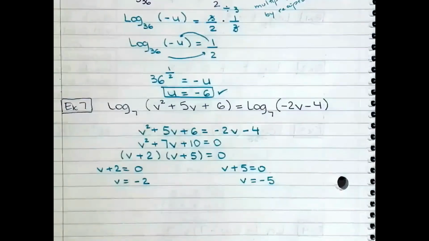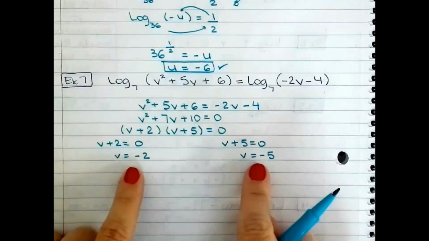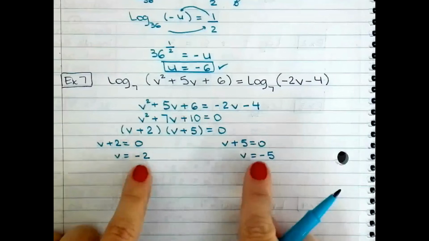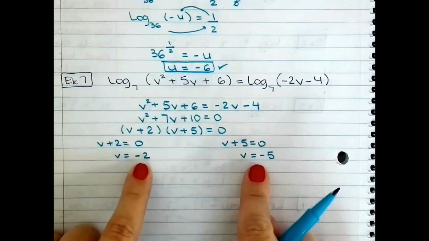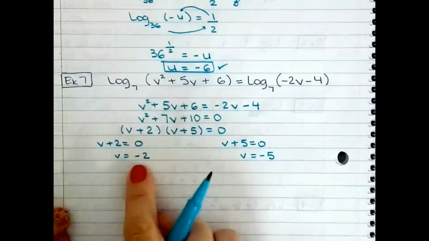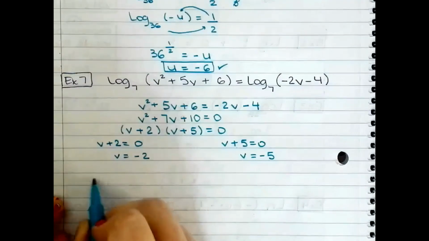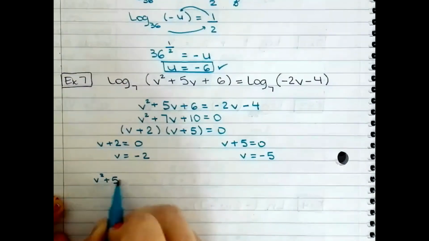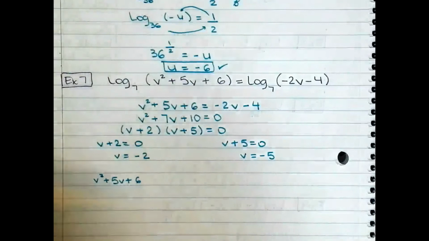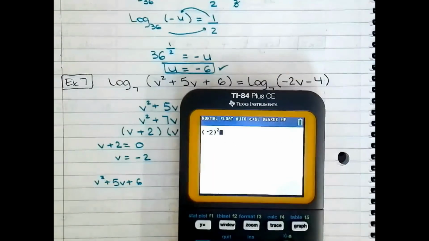Okay, that looks great, but I need to check to see if I get a valid answer. So let's check for -2 first. You can just plug it in. So -2 plus 5, -2 again, plus 6.